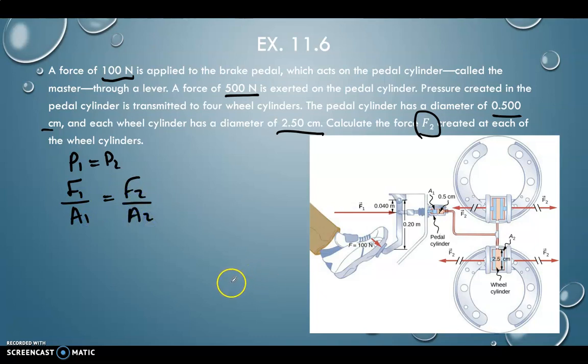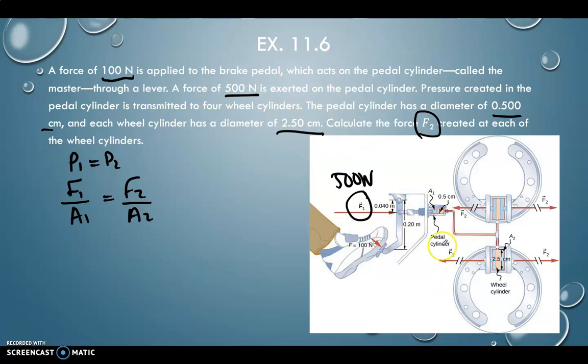Okay. And this question, again, let me just state it again. We have a force applied by this person on the brake pedal, and that force in turn turns into another force, F1. Okay, and that's what this 500 newtons is.